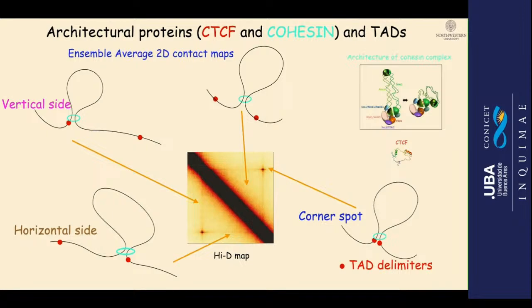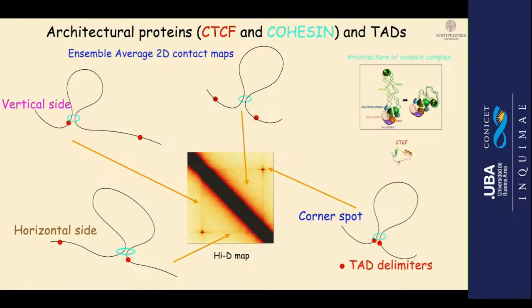Together, these scenarios explain the corner spots, stripes and interior enrichments that define the TAD triangle seen in ensemble-averaged Hi-C maps.